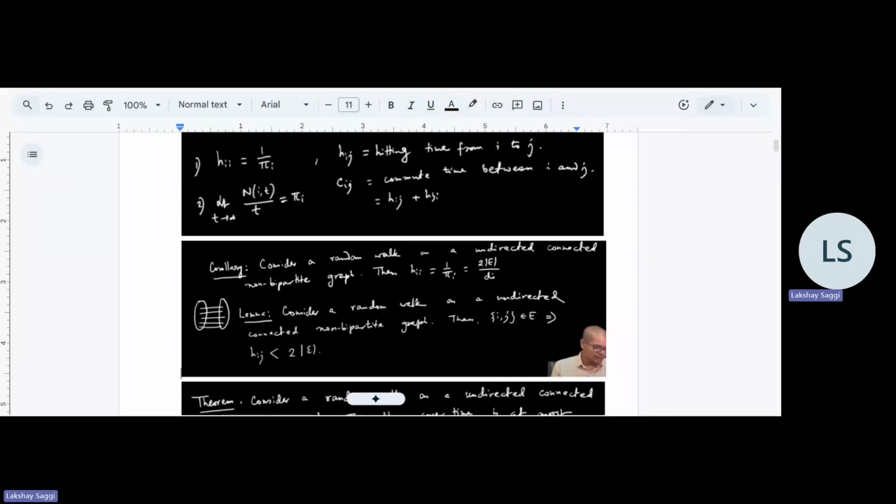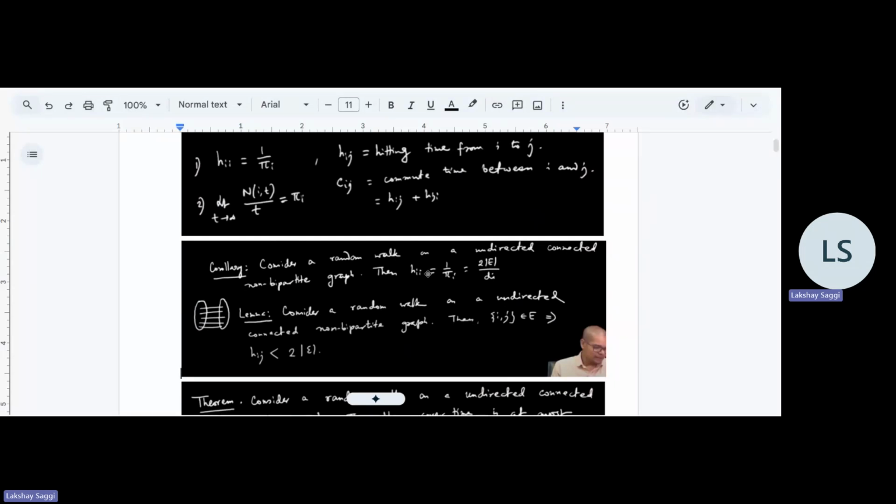And then there was this really nice corollary, which was also discussed last week. If we consider a random walk on an undirected connected non-bipartite graph, then Hii, the hitting time from i to i, is 1 over pi i, which we already discussed. In the previous week, we saw that in a random walk on an undirected connected graph, pi i takes the value di, the degree of the node i, divided by twice the number of edges.